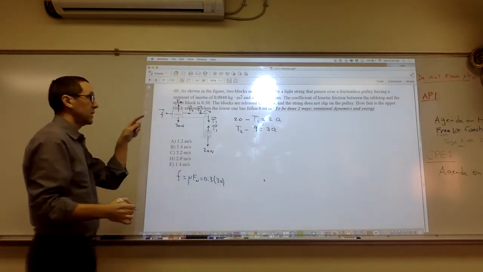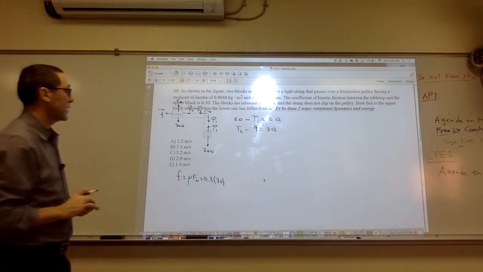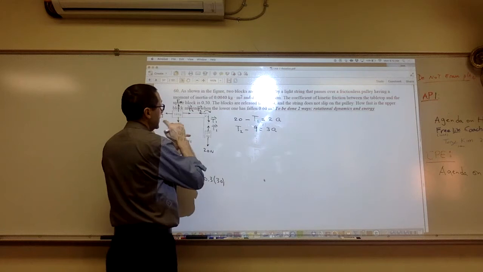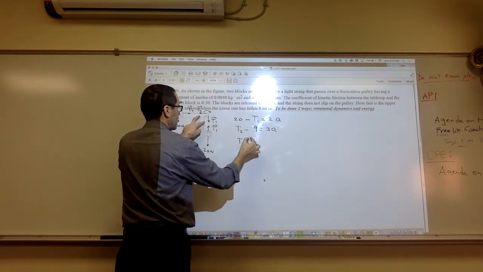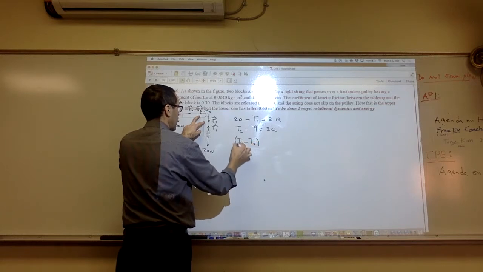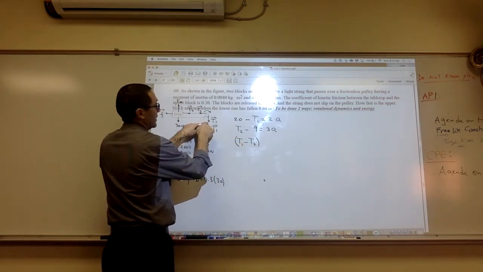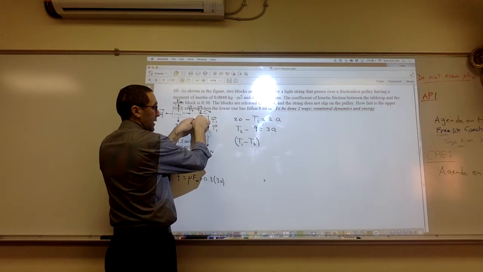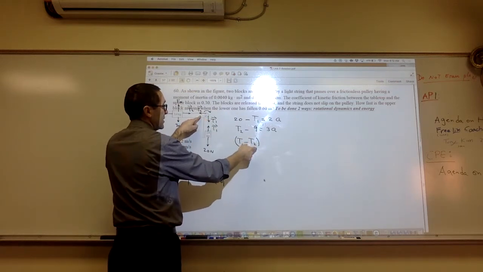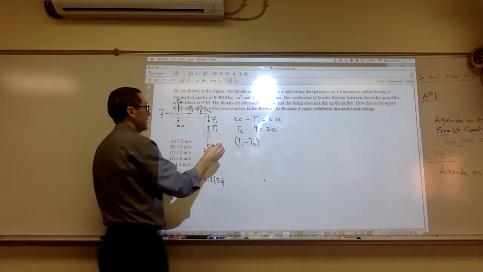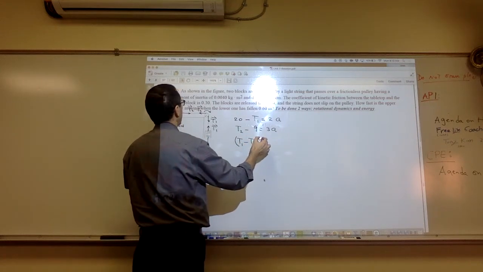Now that's 3 unknowns and 2 equations, so we can't do it. We have to rely on the torque. The net torque is T1 minus T2, so it's basically the torque counterclockwise minus the torque clockwise. I can do T1 times the radius minus T2 times the radius, or I can just factor out the radius.